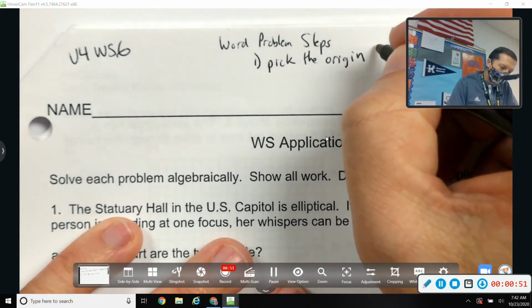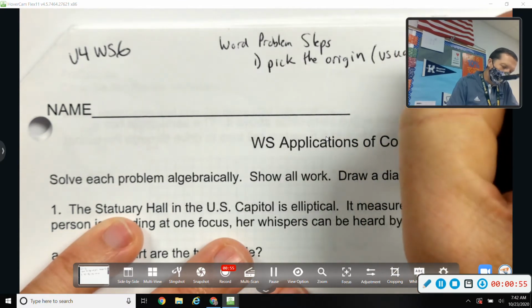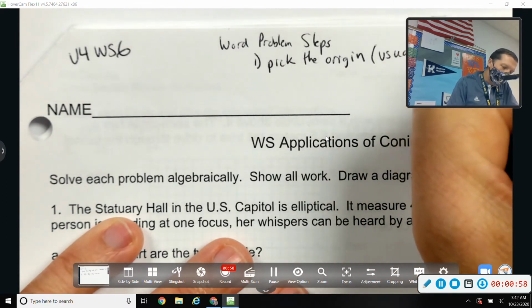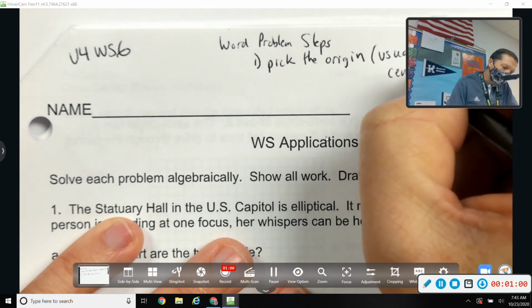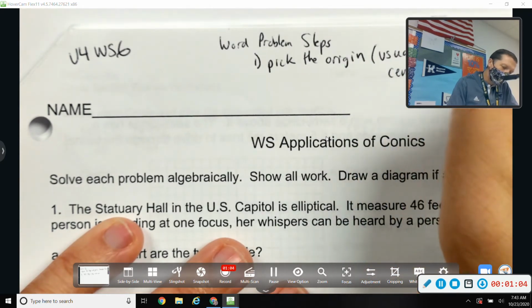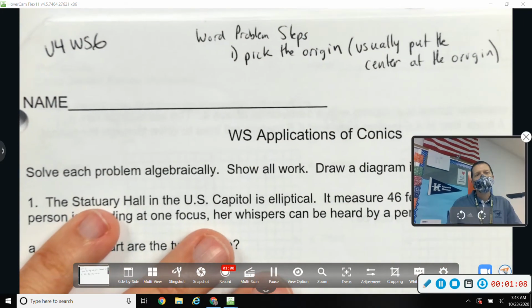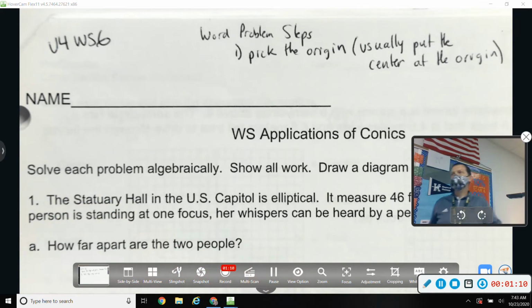In fact, we should probably go ahead and say we usually put the center at the origin. Or maybe we should say put the origin at the center, but we want the center of our conic to be at the origin of the graph. Almost always. That will make life a little bit easier when it comes to writing the equation.